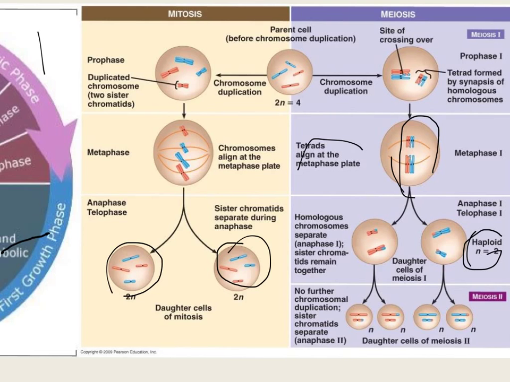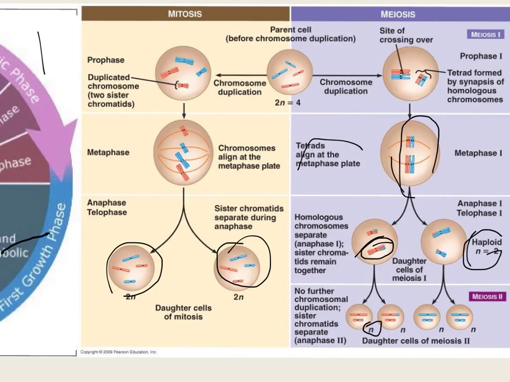Now, there's no further chromosomal duplication in meiosis 2. What happens is the chromatids, remember these things, split apart into single daughter cells, and each one is haploid.